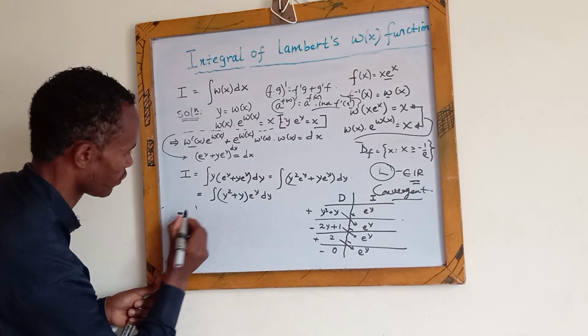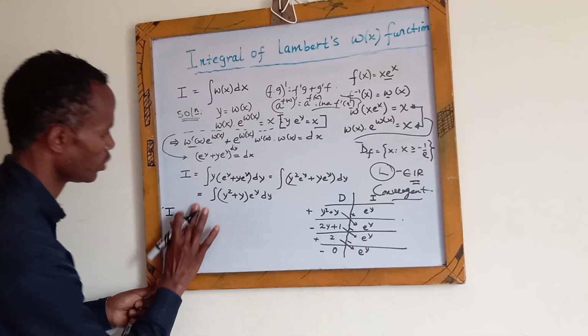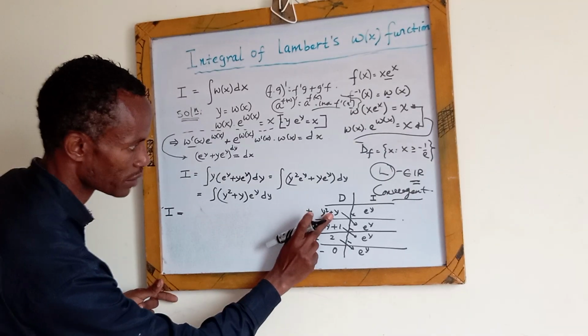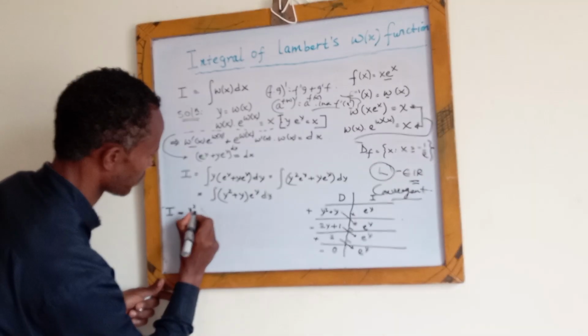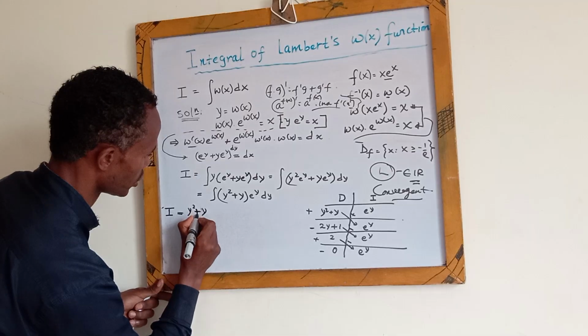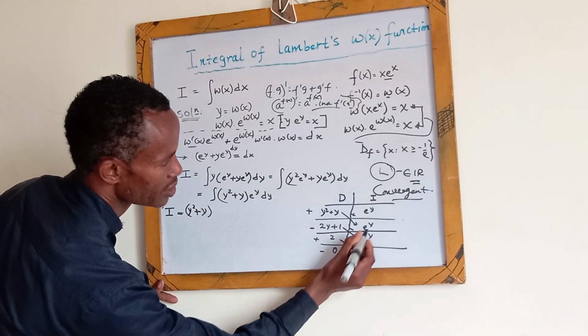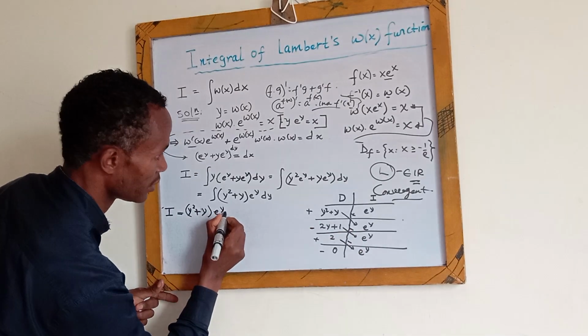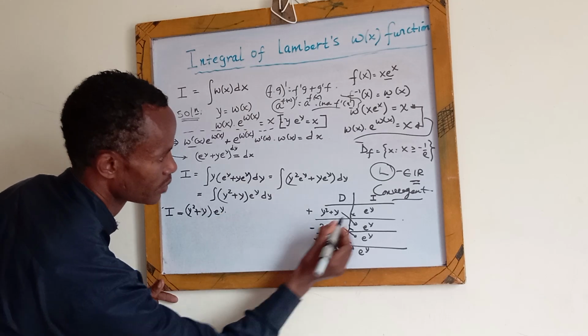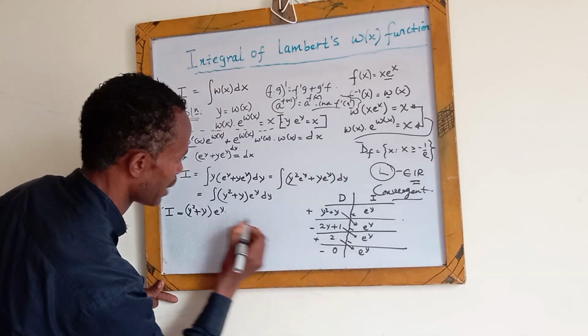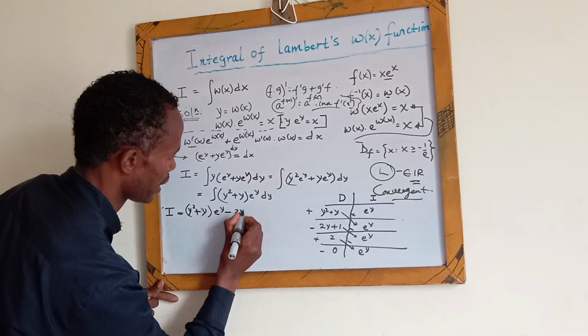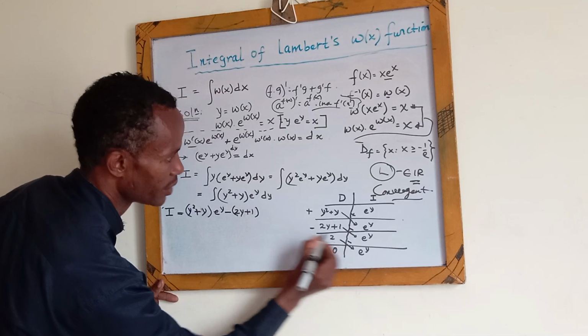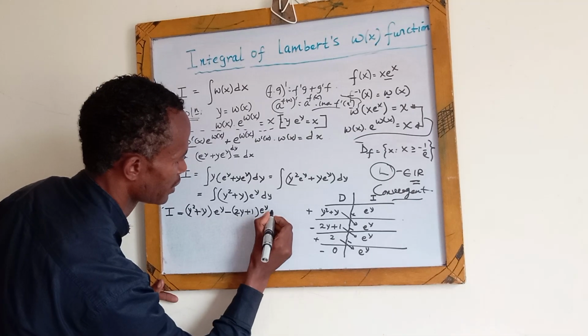The integral value will be evaluated as: y squared plus y, times e to the power of y, is plus. This one is minus: minus (2y plus 1) times e to the power of y.